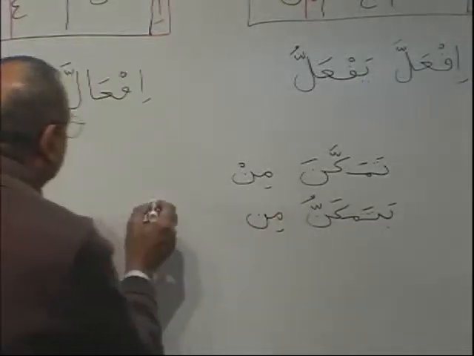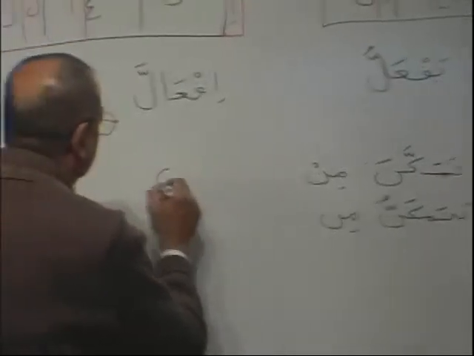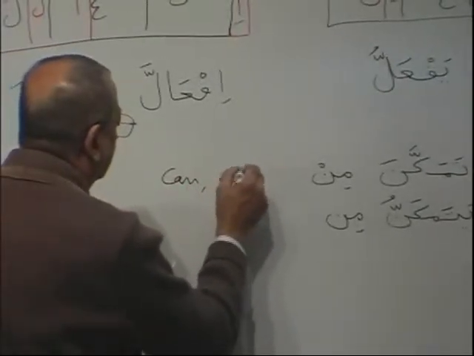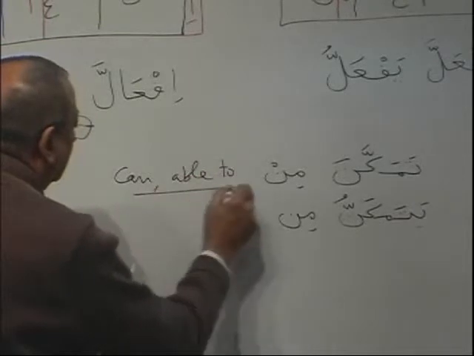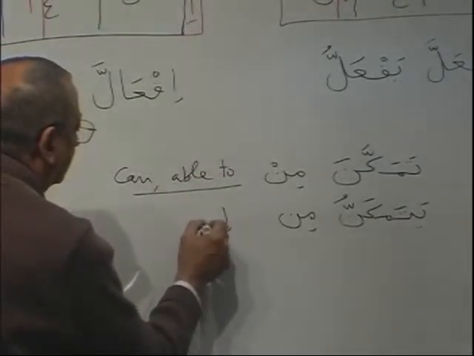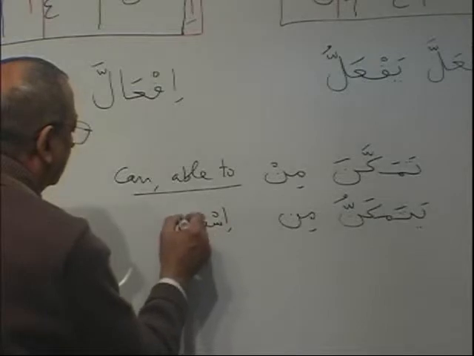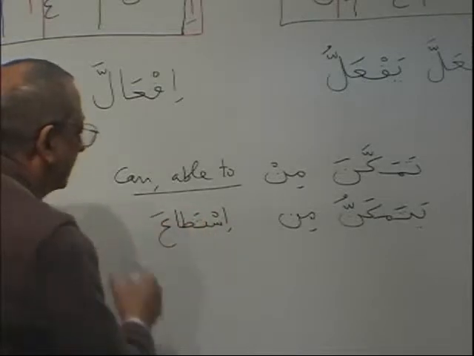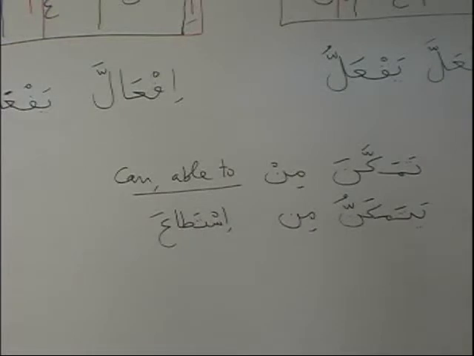What is the meaning, brother and sister? Are you with me? Istata'a, to be able to, can. Are you with me, brothers and sisters? So, walam natamakkan.